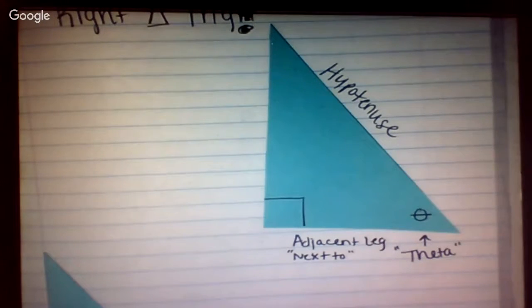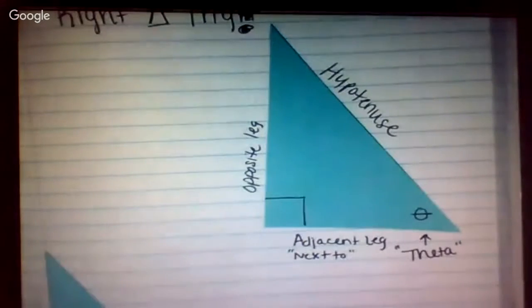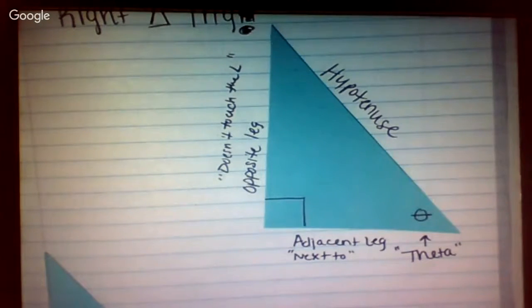We also have your opposite leg. This is the leg that does not touch the angle.